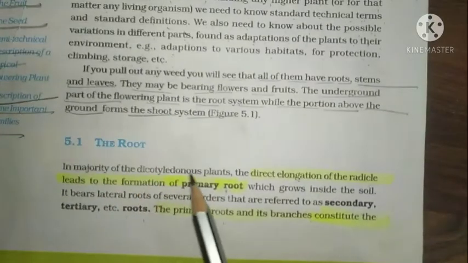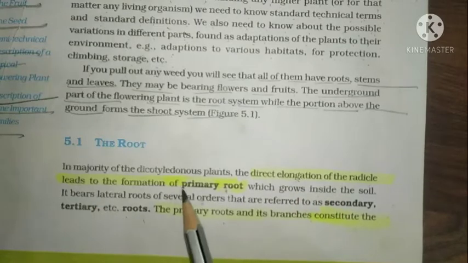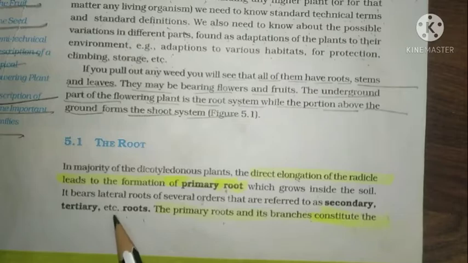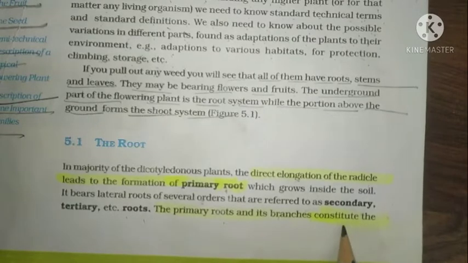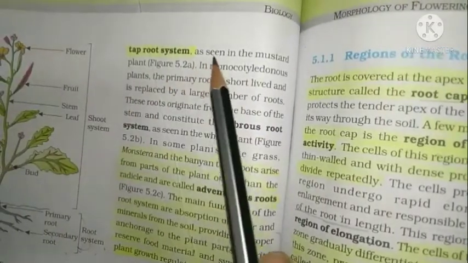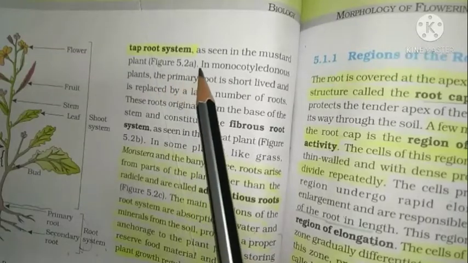In the majority of dicotyledonous plants, the direct elongation of the radicle leads to formation of the primary root, which grows inside the soil. It bears lateral roots of several orders that are referred to as secondary, tertiary, etc. roots. The primary root and its branches constitute the tap root system, as seen in the mustard plant in figure 5.2a.